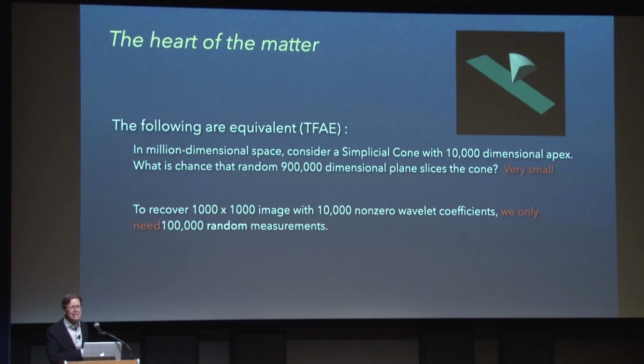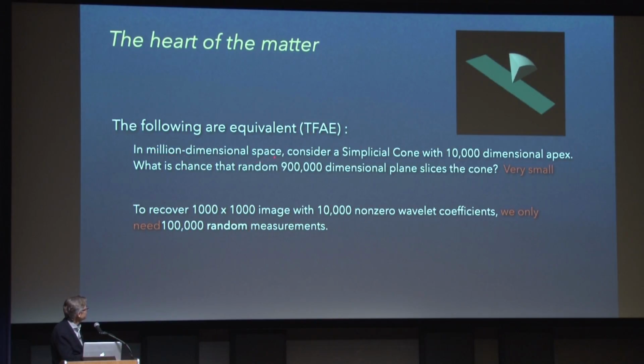And then they take you through it and they make you believe it and make you understand it. So a mathematical fact is that the following are equivalent. We can ask exactly the question that I was showing you before, except we're going to do it in very high dimensions. And that's going to be exactly equivalent to saying that we can speed up MRI in some model of what the MRI system and imaging does.